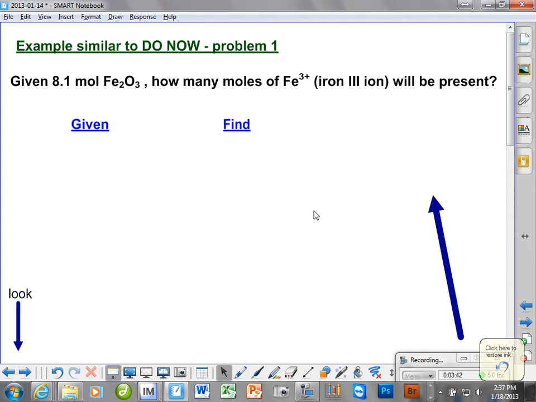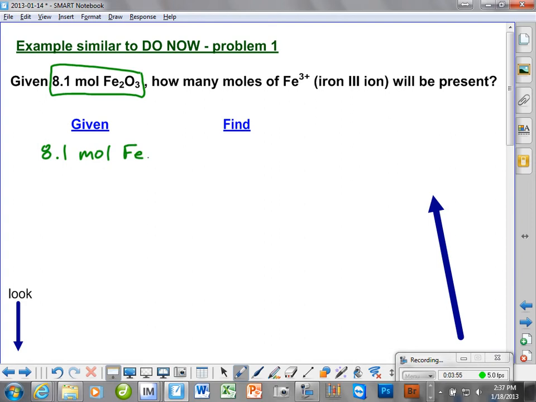We first of all have to have a given. So our given is this part right here, yes? So we have 8.1 moles of Fe2O3.